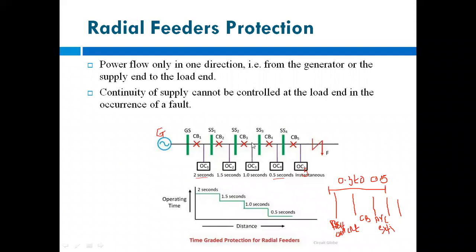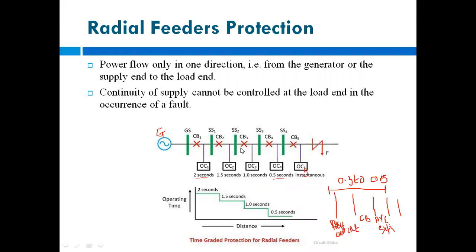But if the fault occurs in between, say between substation 2 and substation 3, then the power supply of substation 3, 4, and whatever substations or loads come after that will be disconnected, but power will still be supplied to substation 1 and up to substation 2.